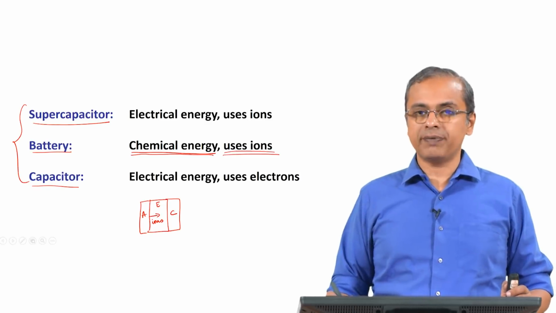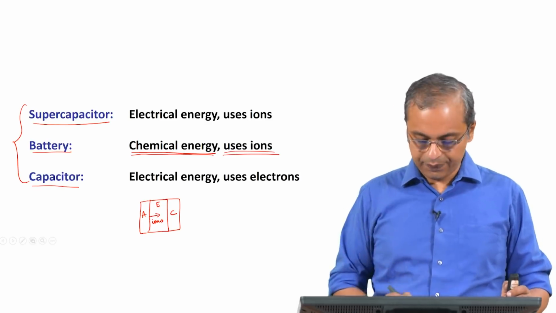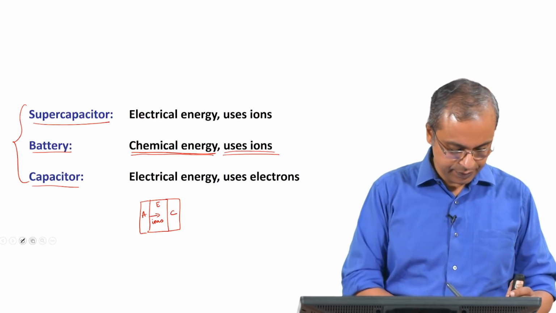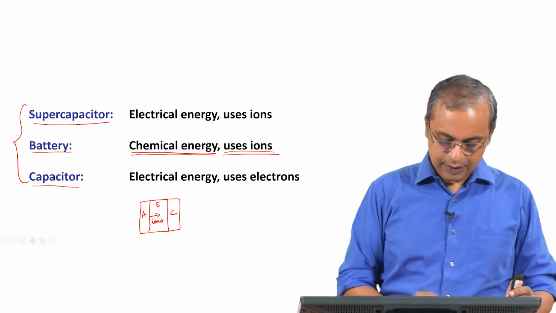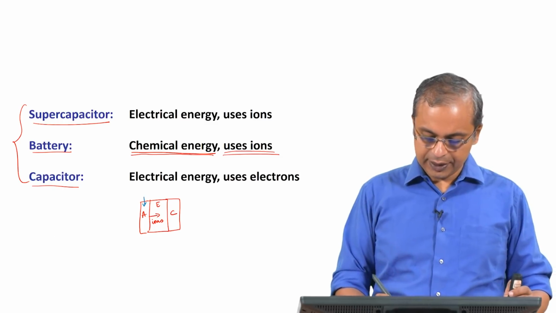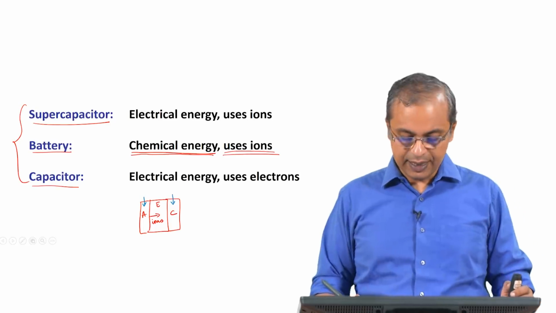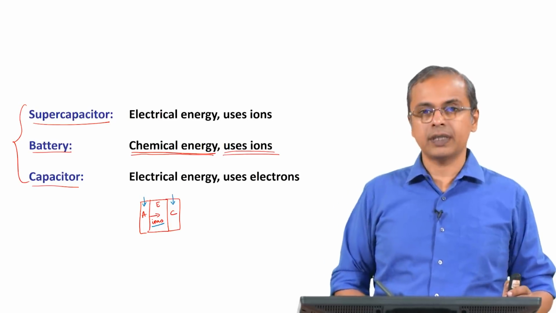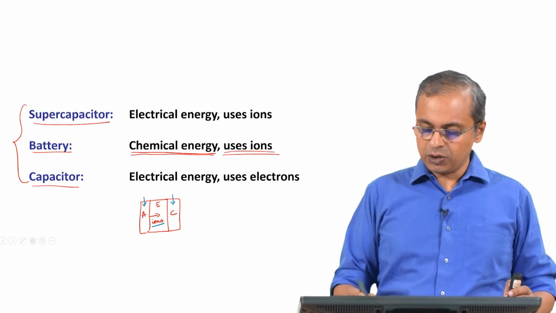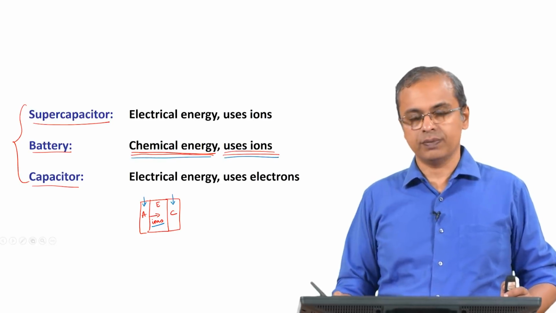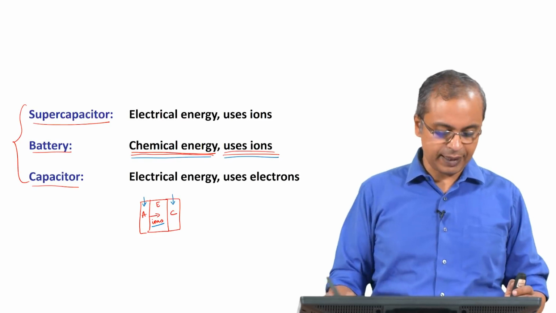So, that is the process by which the activity happens. There is chemical energy that is stored here, in the form of whatever reactants are present, and then the ions move across and enable the process to happen. So, ions are moving and chemical energy is being stored. So, this is the idea with respect to a battery.